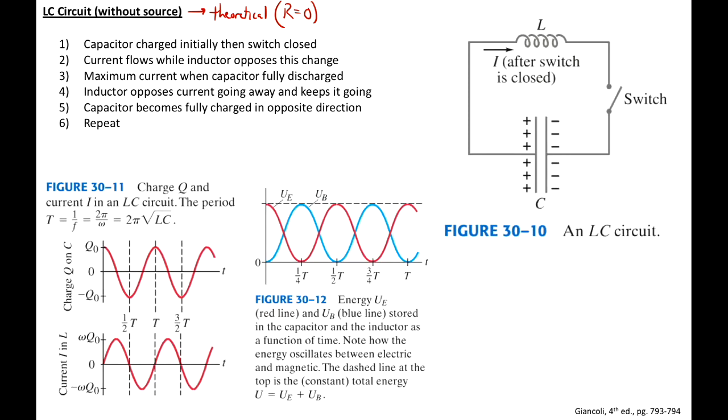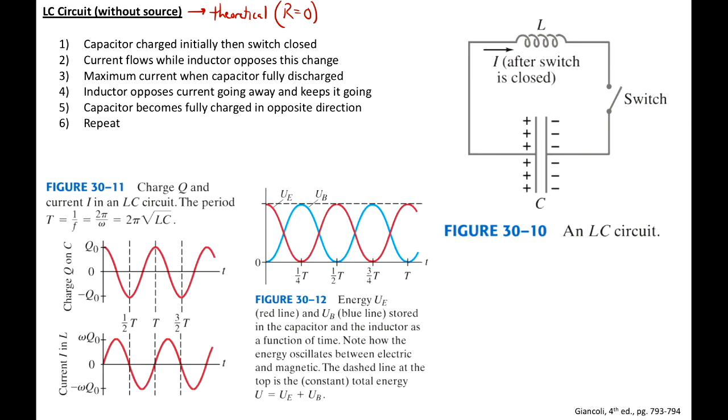I want to start with the 6 steps that are going to happen, and we're starting with the configuration you see in the diagram to the right where the capacitor is fully charged when we initially close this switch. So, if I close the switch when it's in this configuration, current is going to begin to flow clockwise around the circuit. Good so far? Okay.